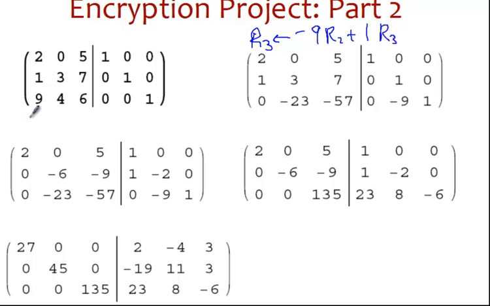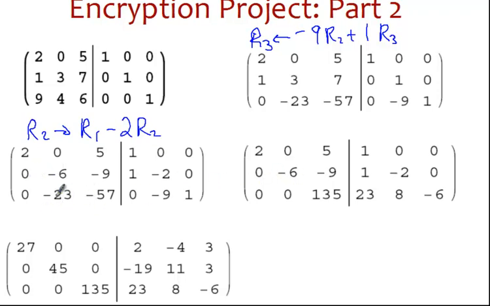In this step, I'm getting a 1 in this position, so I'm going to take row 2 and transform it into 1 row 1 minus 2 of row 2. That's what you see here. I'm turning 1 row 1, so 1 plus 0 is 1, 1 plus -2 times 1 is -2, 1 times 0 plus -2 times 0 is still 0 here. I'm doing the same thing on this side, and that produces this 0.